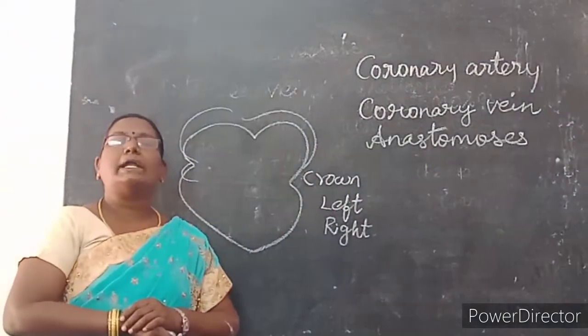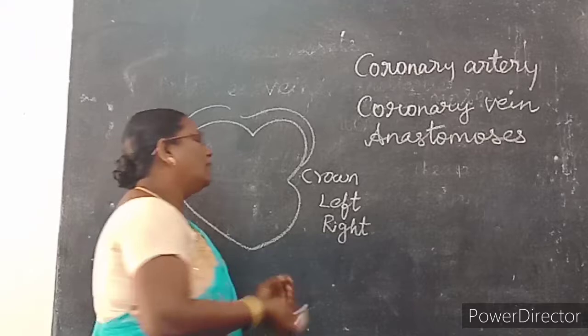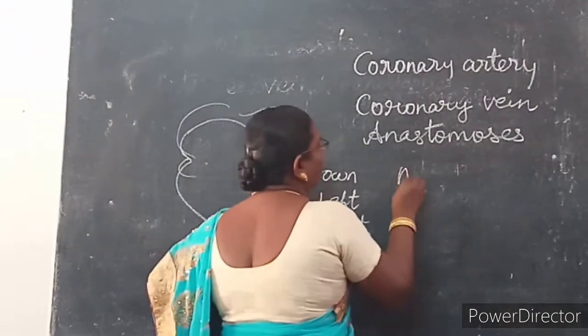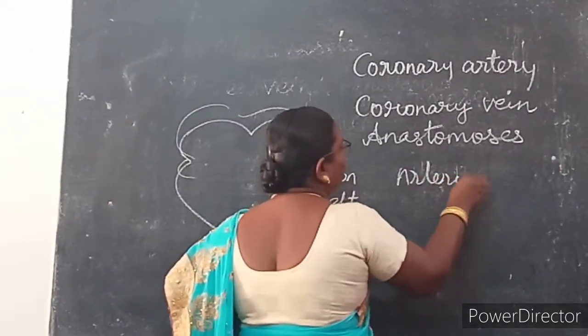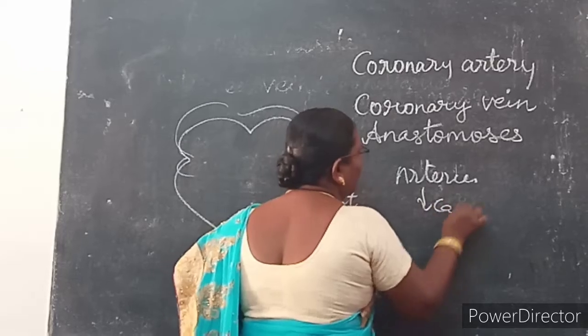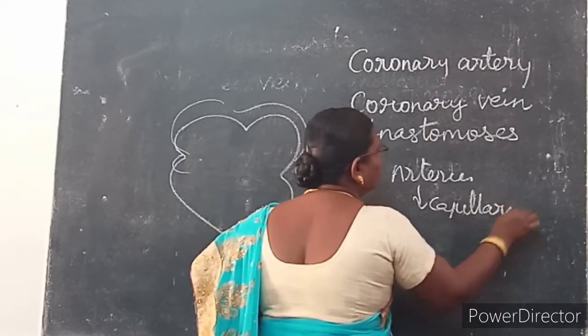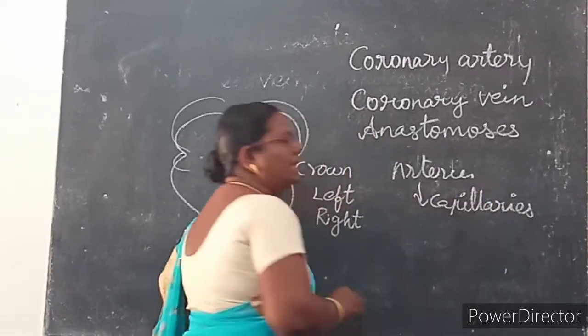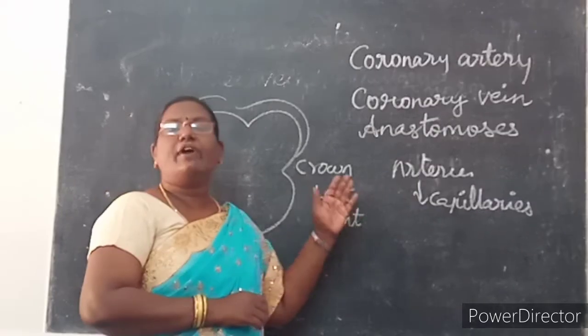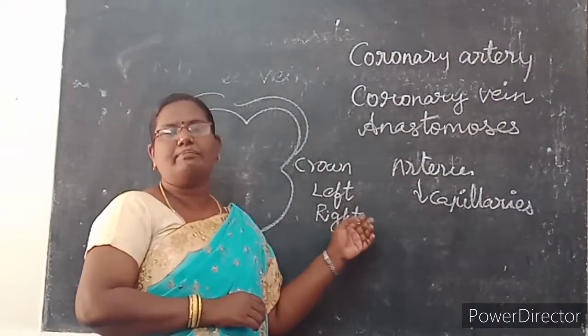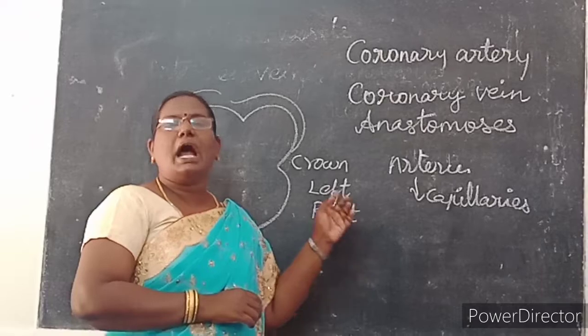Say the term anastomosis. Already we learned that arteries divide into branches, and they are known as capillaries. But not all arteries form capillaries. Some arteries form an anastomosis.